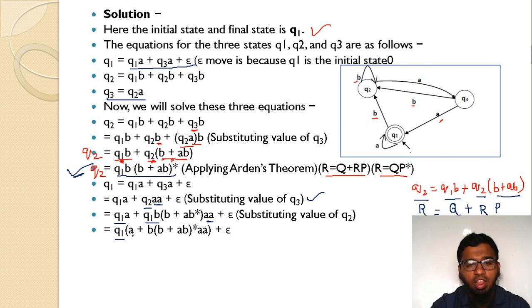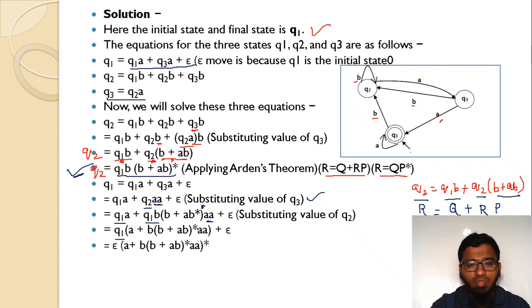So A is here plus this B concatenated with B plus AB closure, and AA as it is plus epsilon. So this is the equation we got.